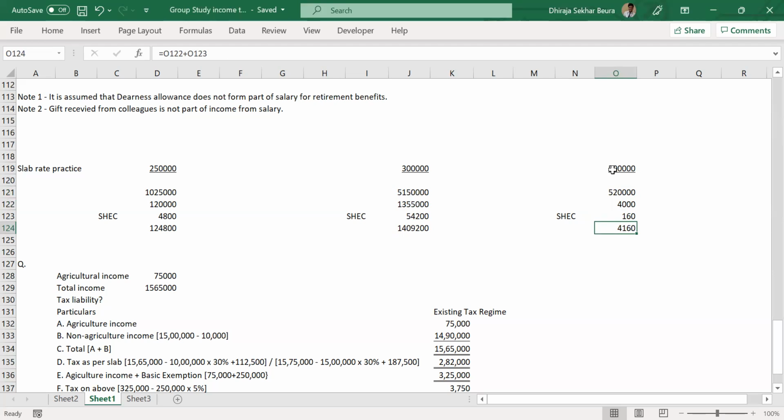Awesome. Now it must be clear to you. Just for one last practice, please calculate tax for all three categories for the amount of 4,80,000. I'll repeat that. For 4,80,000, please calculate tax for all three categories.